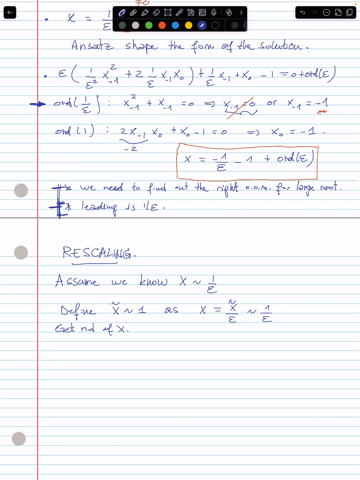So the original equation was epsilon times x squared. So it means epsilon times x tilde squared over epsilon squared plus x minus 1 is equal to 0. And you see this equation, if I just simplify the first term at least, is just rewritten in this way. And we have the same observation as before.